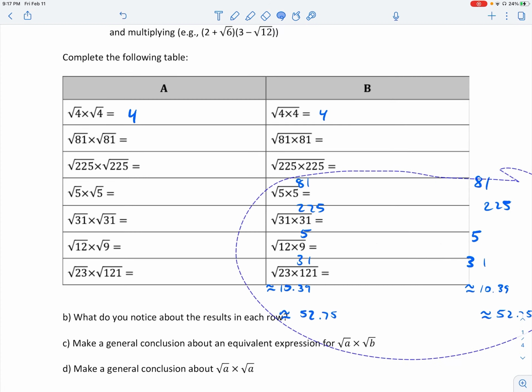So what this tells me is that instead of doing FOIL, I can just take a and square it. And a is going to be my first term here, which would be this. So if I square this, it's like doing 2 root 2 times 2 root 2. And it's going to work out to this, which eventually works out to 8.